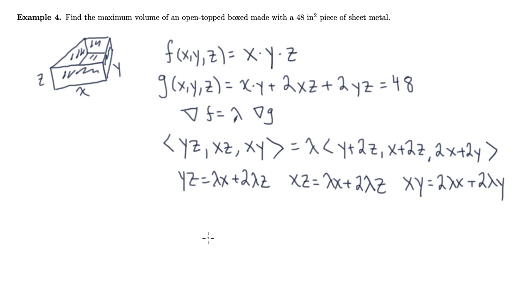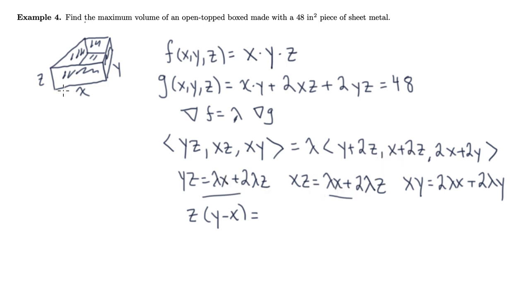Okay, so the first thing I'm going to do is subtract the first two equations. So yz minus xz is going to be z times y minus x. And then lambda x minus lambda x is gone. And then I have 2 lambda, let's see, something's not great right here.